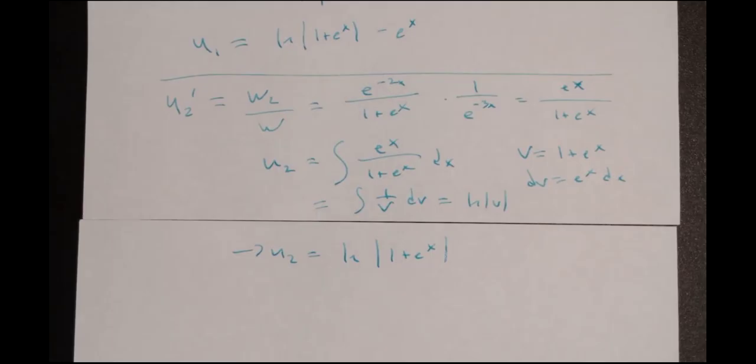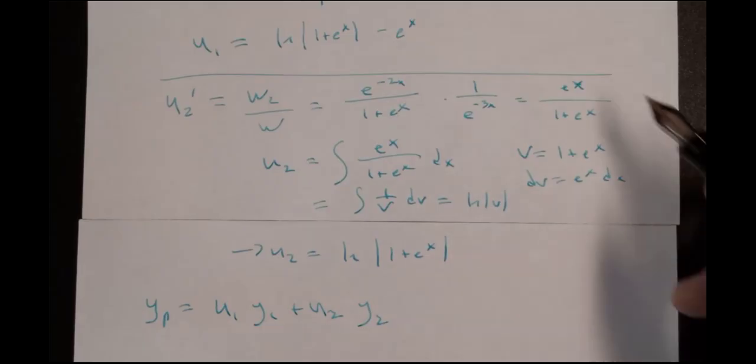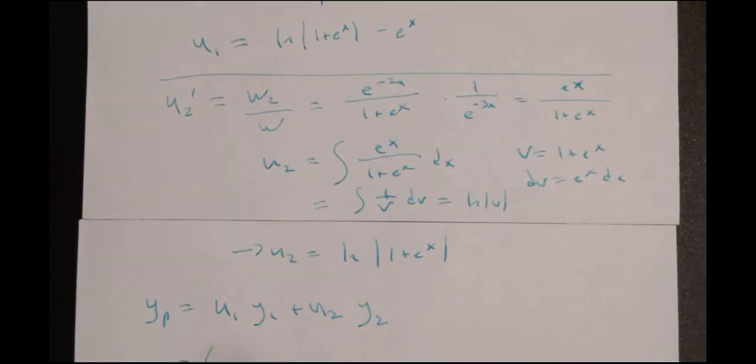Now, our yp. What's yp? U1 was all of this: ln 1 plus e to the x minus e to the x times y1.